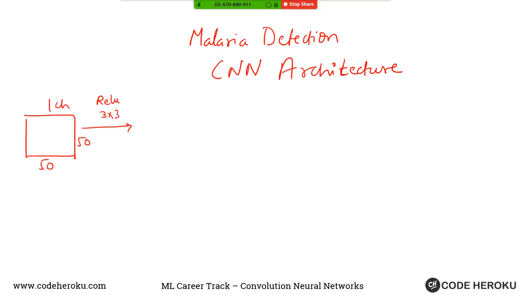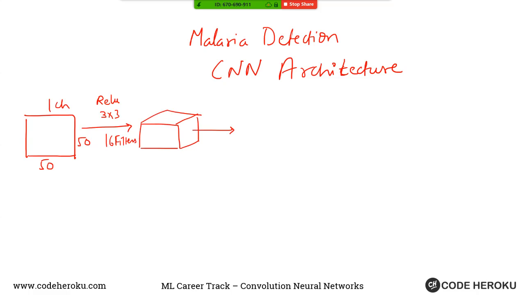because in olden days people used to use sigmoid, but now we use ReLU for our activation function. Once we have passed this, we'll get some lower volume over here. Let's not go too much into the depth of what the volume size will be, but we're going to start with 16 filters at first.